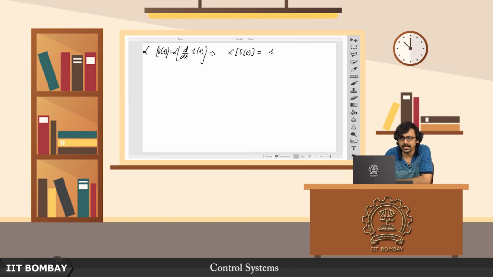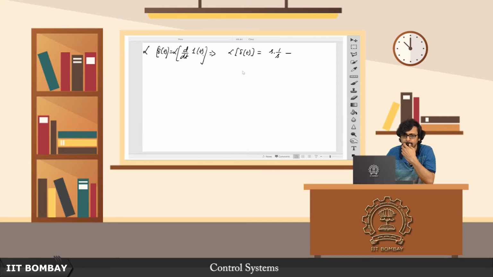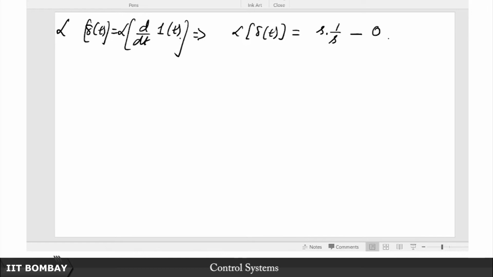You will have s times, what is the Laplace transform of the unit step? It is 1 by s, and minus, what are we trying to find out? The result at 0 minus. So what is the value of the delta at 0 minus? It is 0. So what we get through this is basically 1.